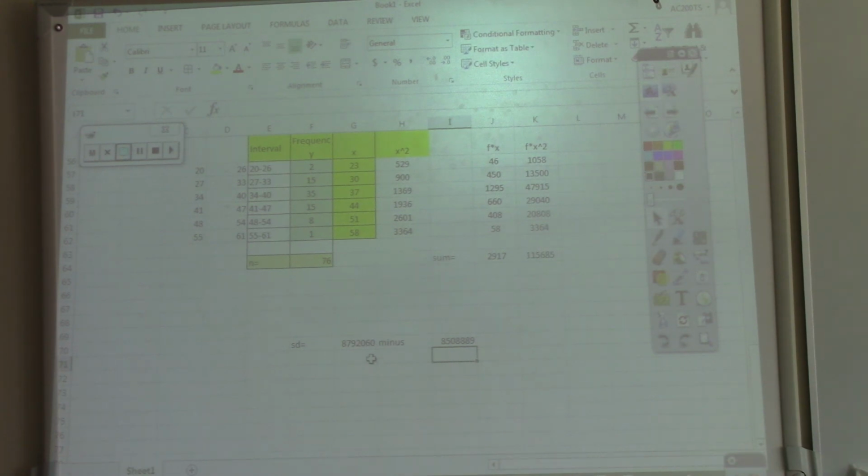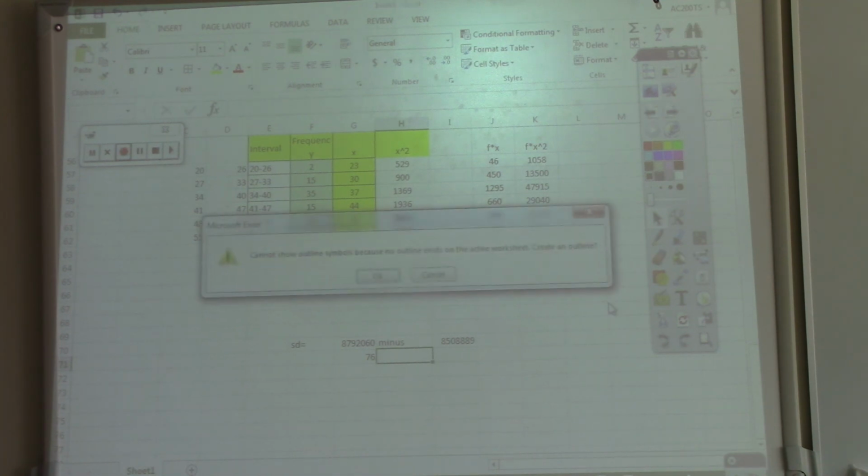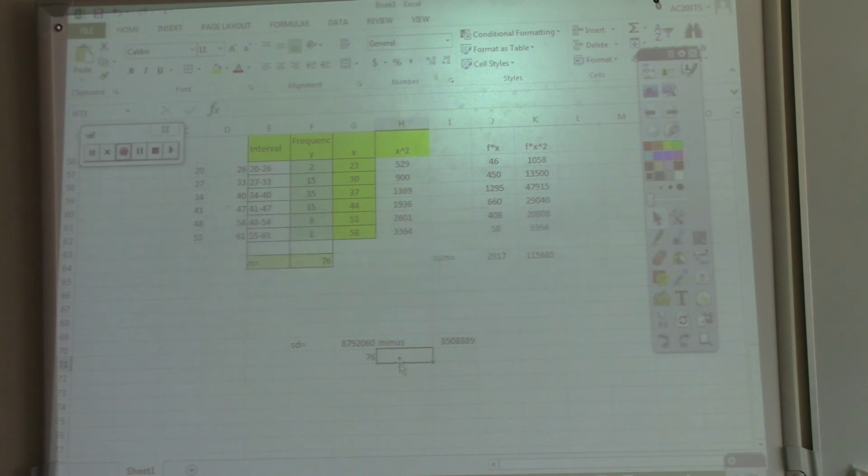All divided by n times what? Equals this minus 1.